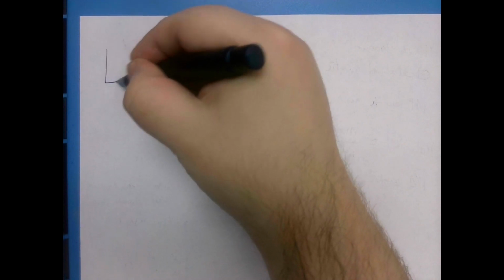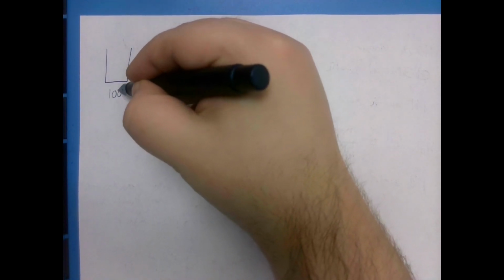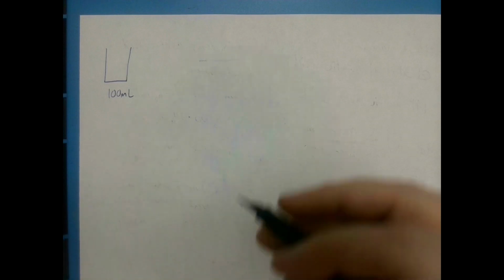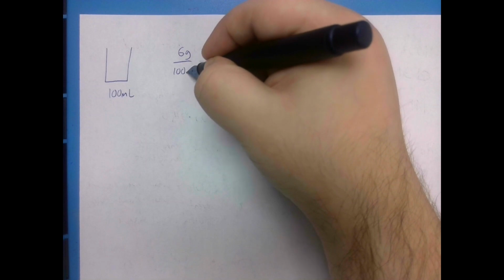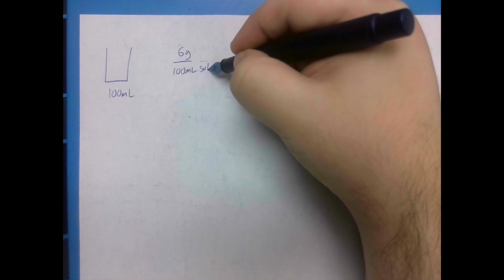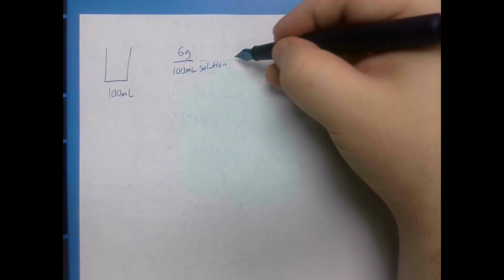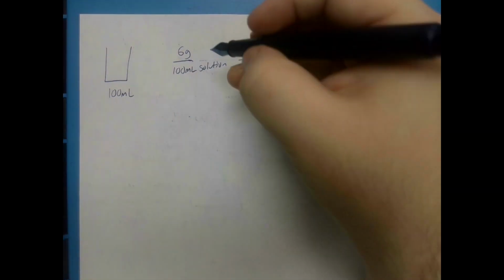Now, 1 liter, so you know your 2-liter bottles of Coke. 1 liter is half of that. That's too much to work with. I want to make a 100 milliliter solution. How would I do it? So that's roughly 6 grams per 100 milliliters. That gives you a 1 molar solution.